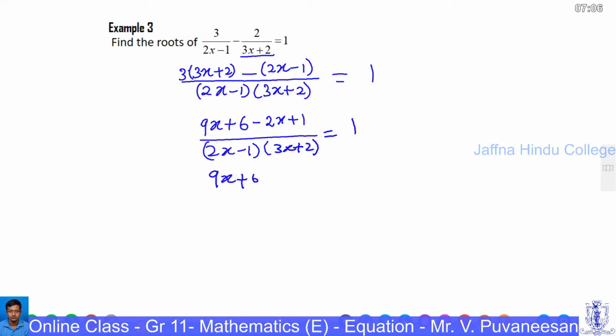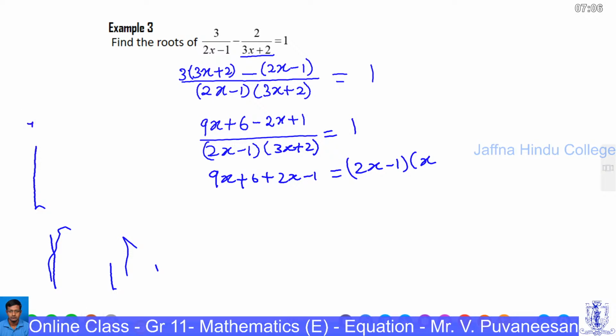9x plus 6 plus 2x minus 1. When I cross multiply, 2x minus 1 into 3x plus 2 into 1, equals 2x minus 1 into 3x plus 2.